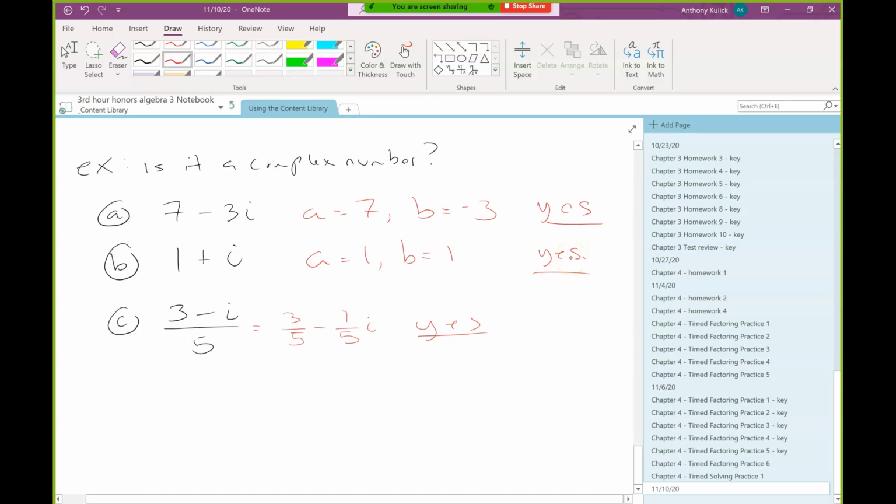How about 7i? Is that a complex number? Sure it is. Can't I think about it as 0 plus 7i? What do you think? Still okay? 8. Is that a complex number? Sure it is. Can't I think about it as 8 plus 0i?